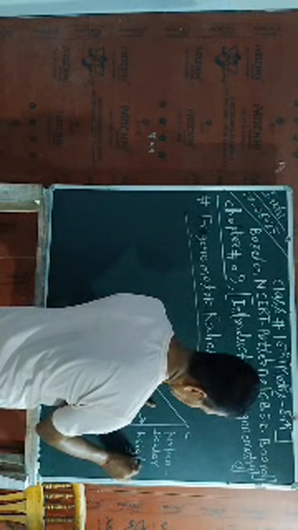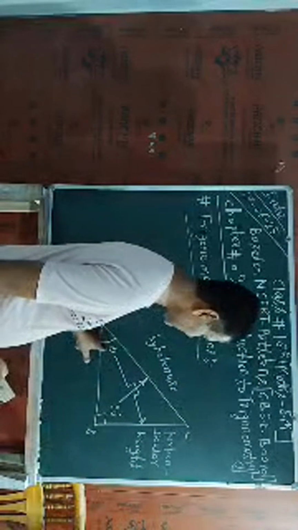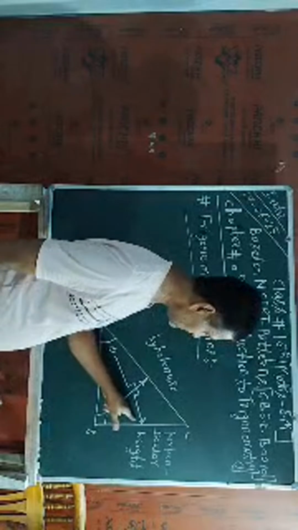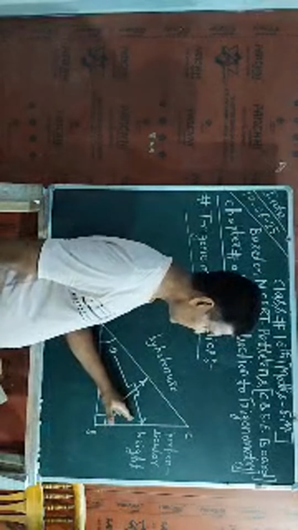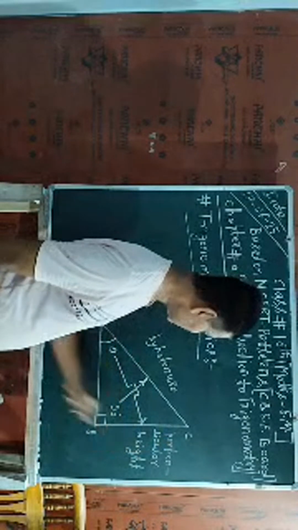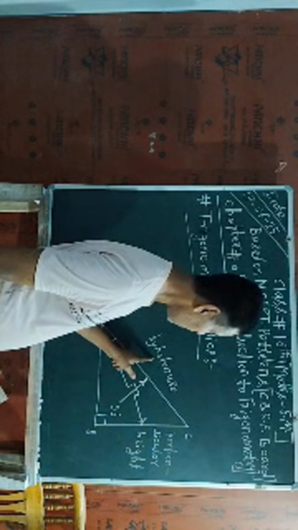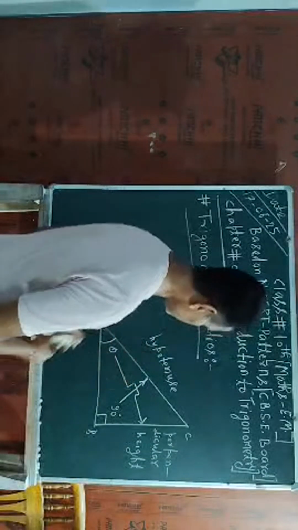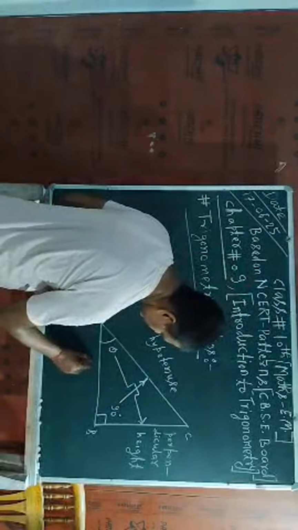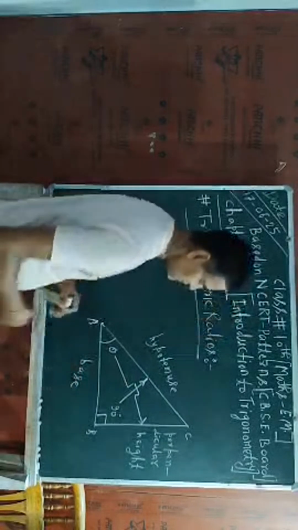So if I consider this is theta, along this I will take a side, and that side I will say the perpendicular height, and along 90 degree I will say hypotenuse side of the given triangle, and the remaining side I will say base.